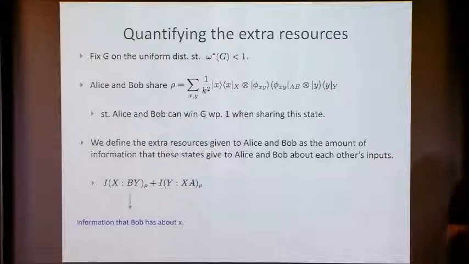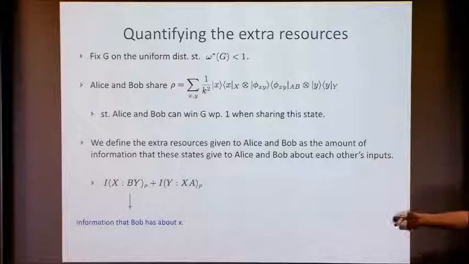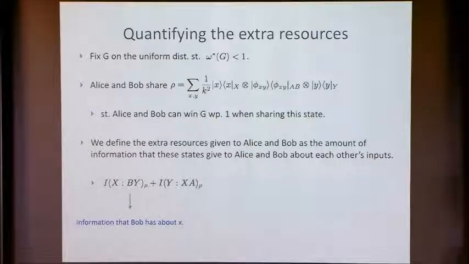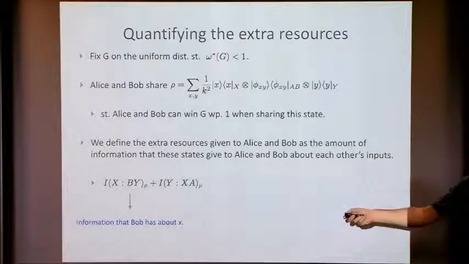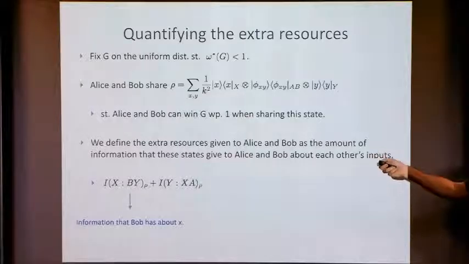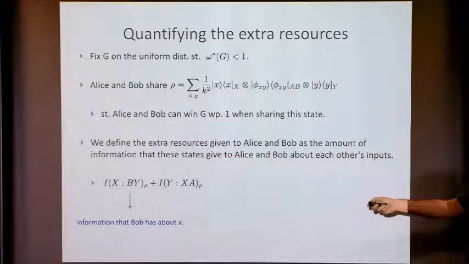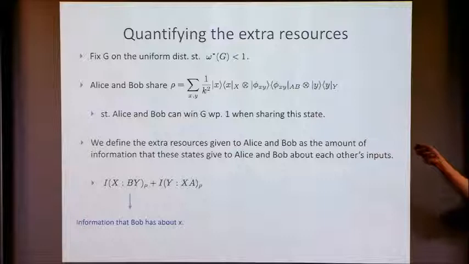And so what we'll define as the extra resources, we'll be interested in the amount of information that these states give to Alice and Bob about each other's inputs. More particularly, we'll be interested in this quantity. So what is this quantity? It's the mutual information between x, which is Alice's input, and B_y. B_y is everything that Bob has.